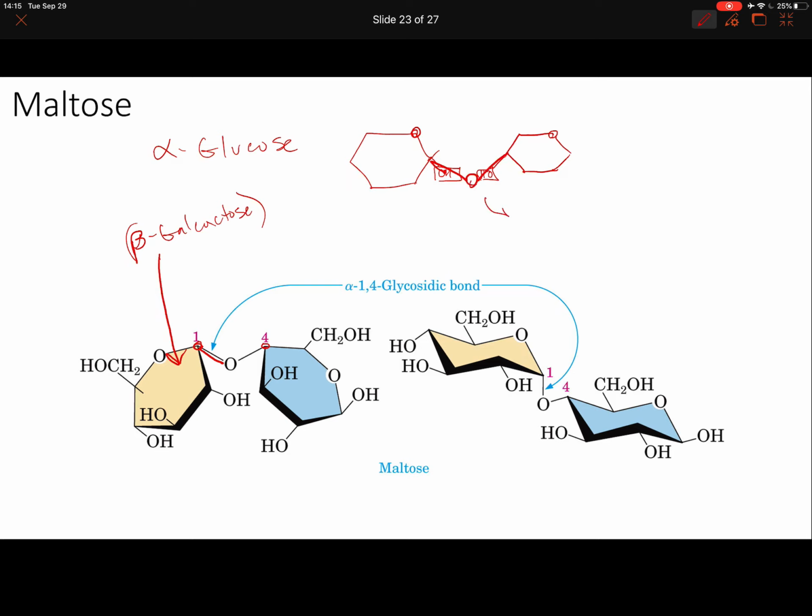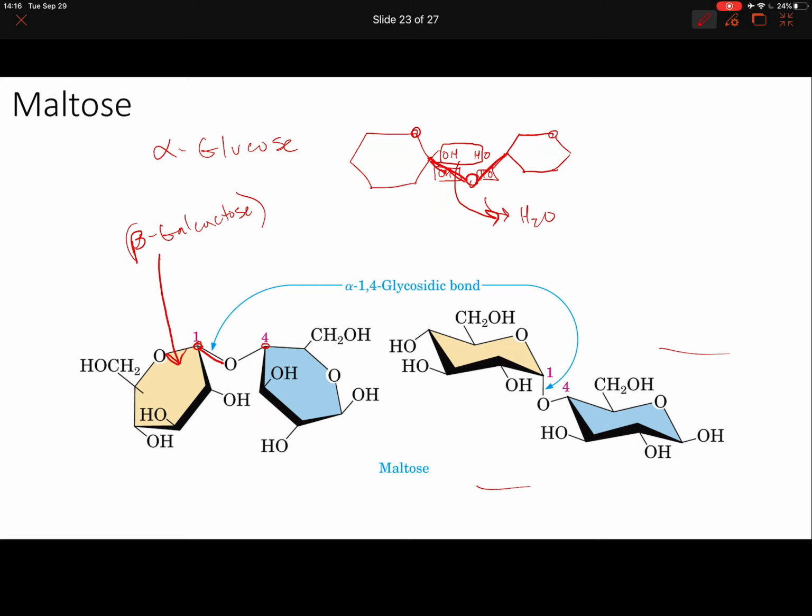We lose a water. I forgot to mention that. There is an H and an OH, right, from each side. But at the end, there's only one oxygen in between them. So we lose a water molecule in these linkages. And that's not actually being shown here as products. So maltose comes from just linking glucoses together.